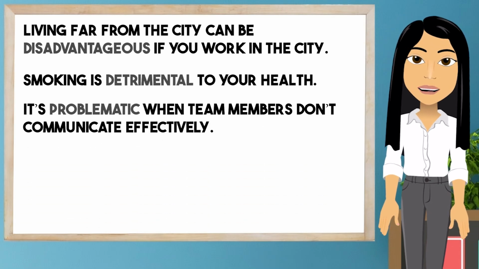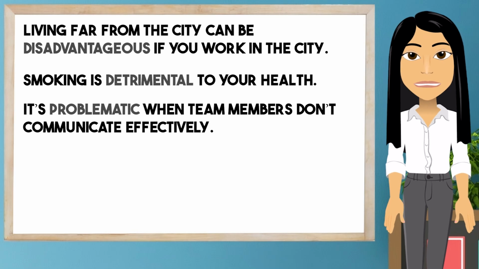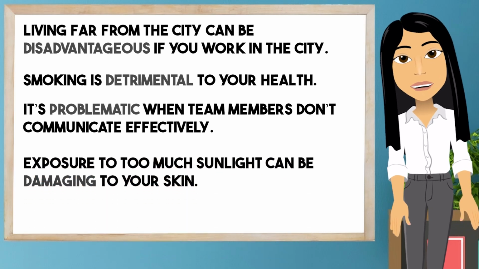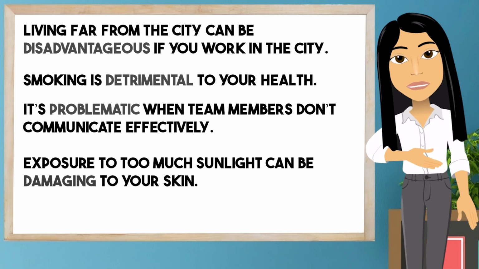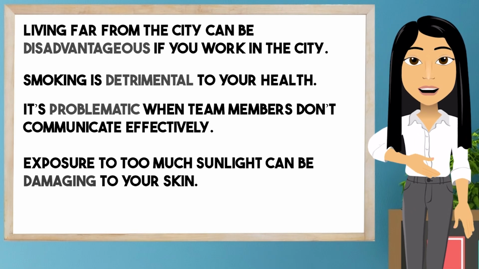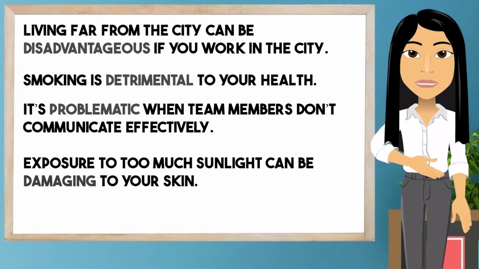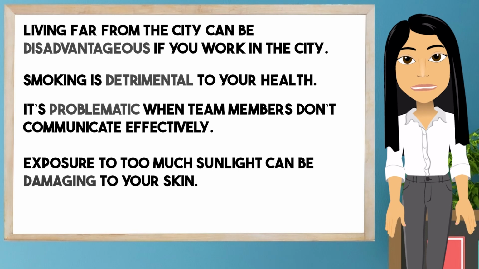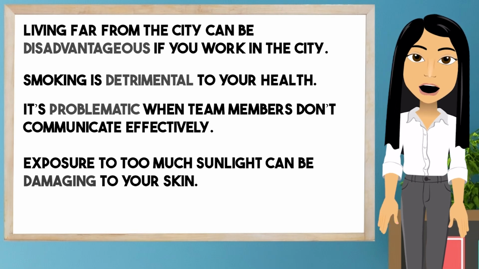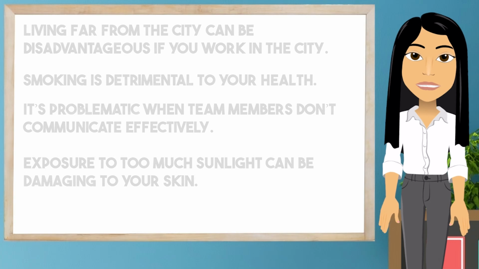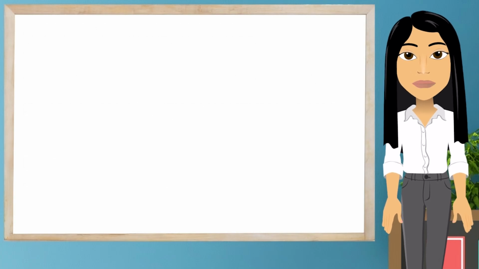It's problematic when team members don't communicate effectively. Exposure to too much sunlight can be damaging to your skin. Did you see how these words are used to describe the negative effects of each subject in the sentences? That is how you can use adjectives of commonly used words to say the negativeness of something to mean the same concept without using words that are in common use.